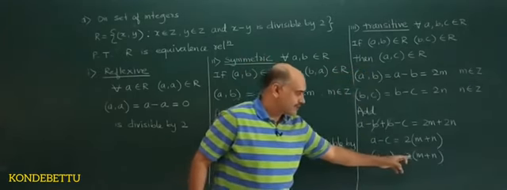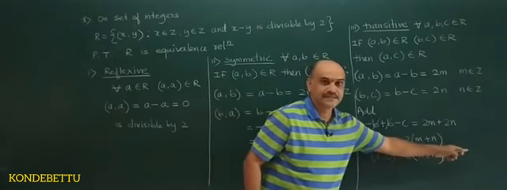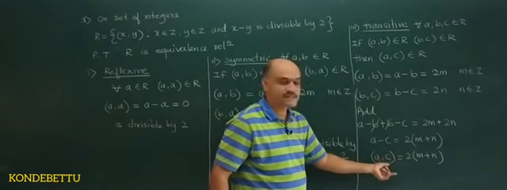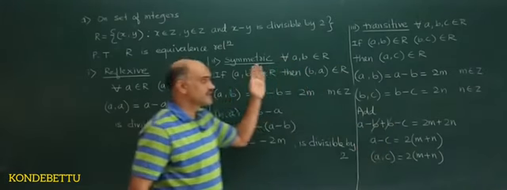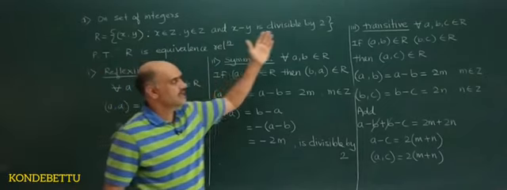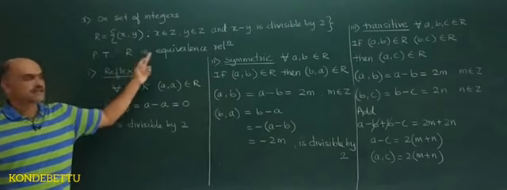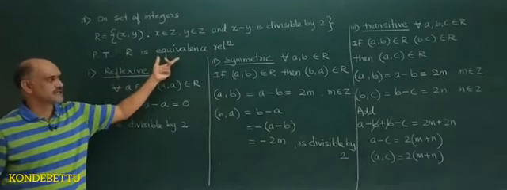Again you can write here, you are having 2, which means it is divisible by 2. So you write it is divisible by 2, therefore r is transitive. So if it is reflexive, symmetric and transitive, then the given relation is an equivalence relation.